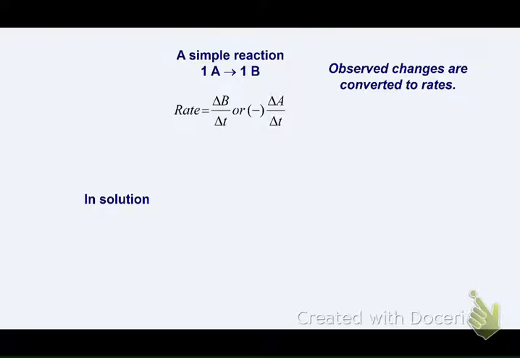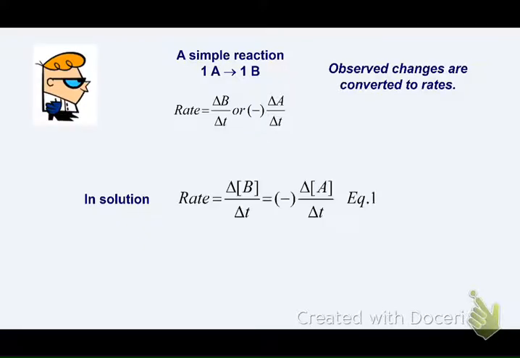So we were going to write stuff that looks like this. So let's say I have a reaction. It's A goes to B. Okay? Simple reaction. Stoichiometry is 1 and 1.